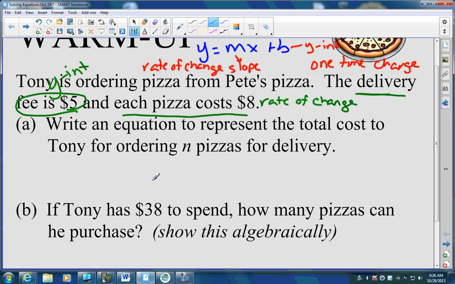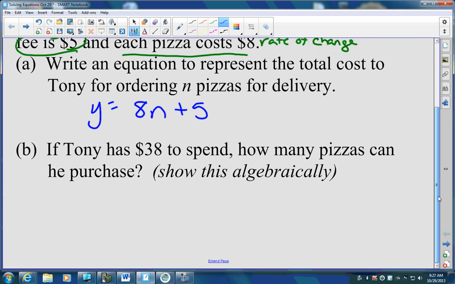So now, to write my equation: y equals 8 times the number of pizzas plus a one-time charge, which is $5. That's the equation you should have come up with.